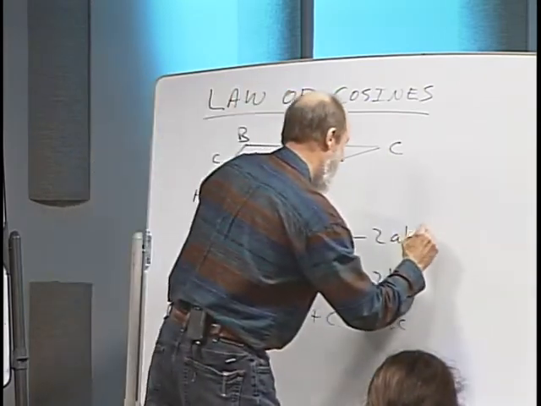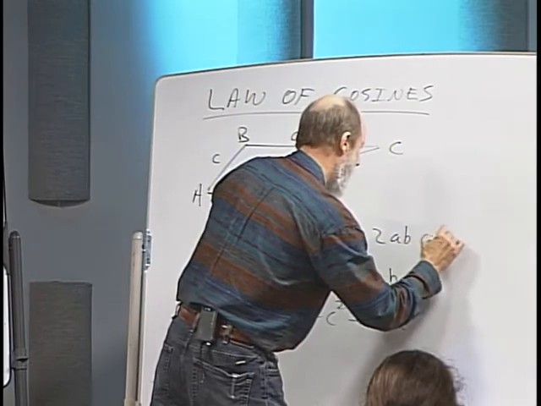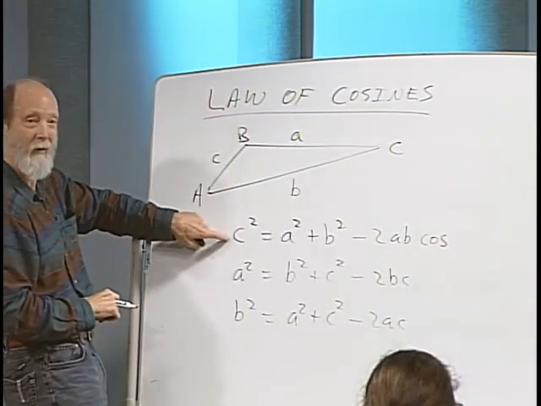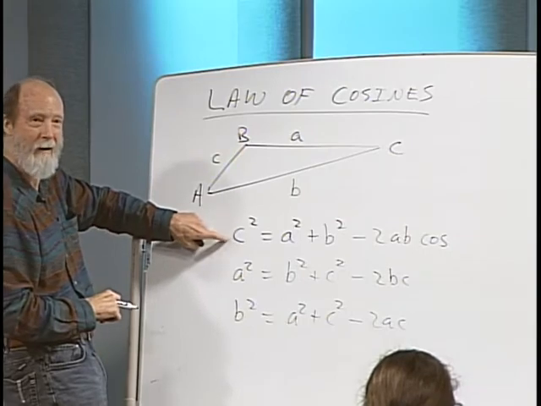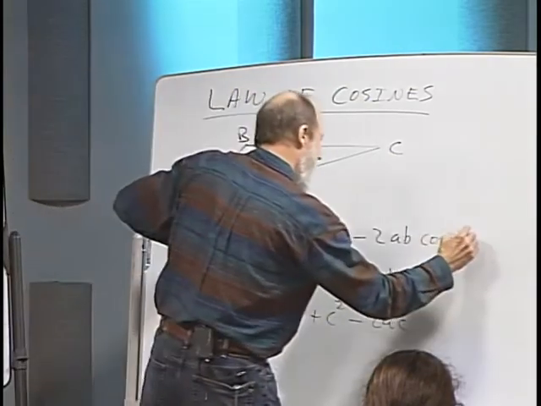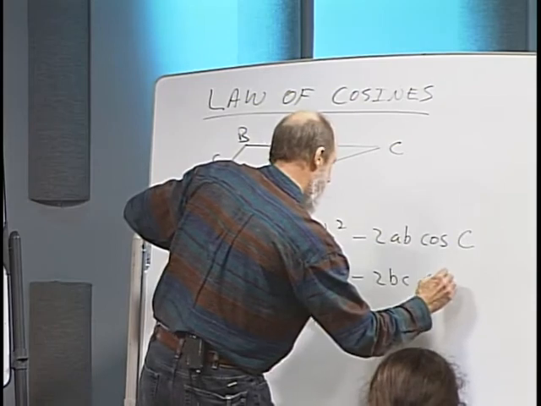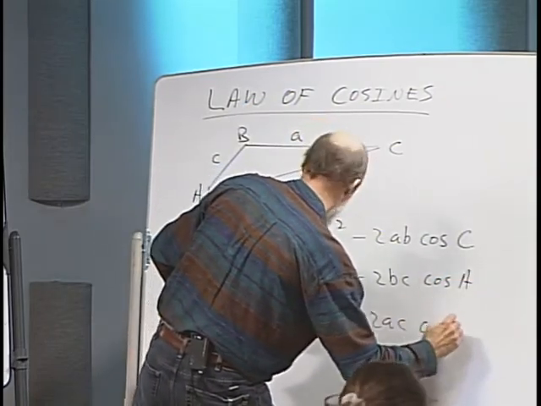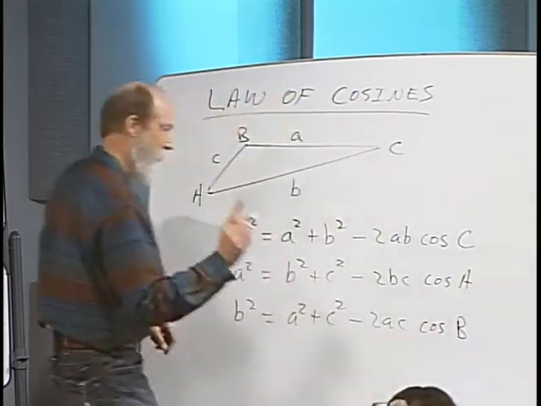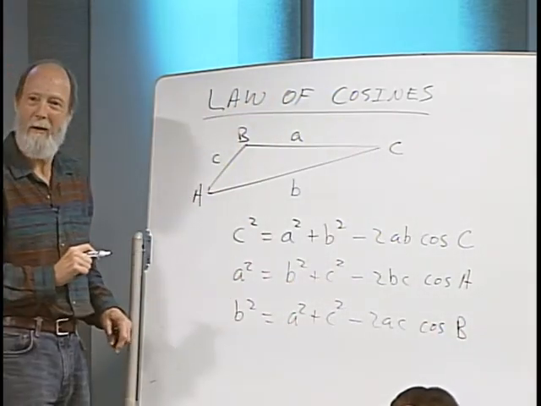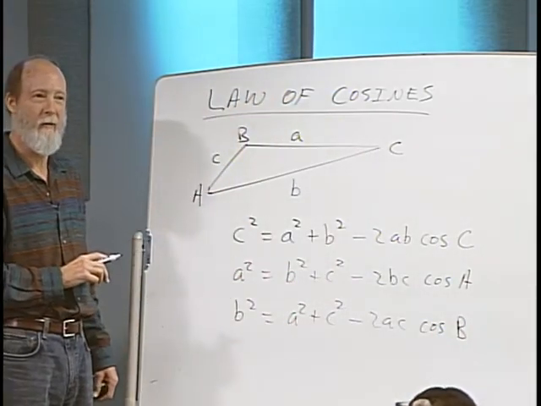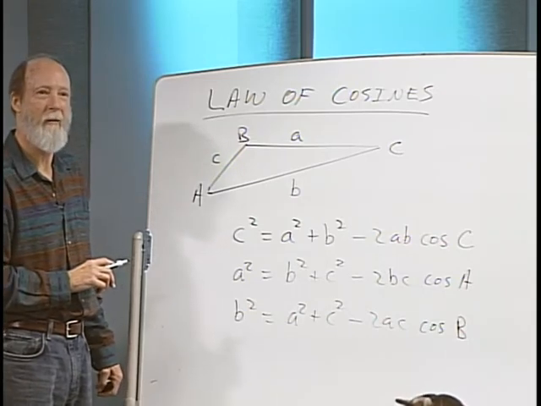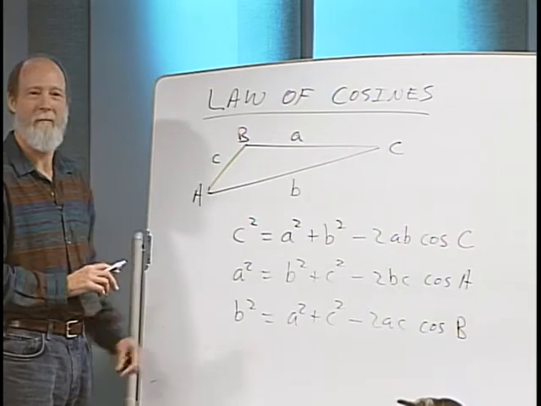And so what we have to do is tag on here a cosine of the angle associated with this opposite side here. Now look in the book, just to check me, see if my memory is correct. Look in that section, and you should see this.